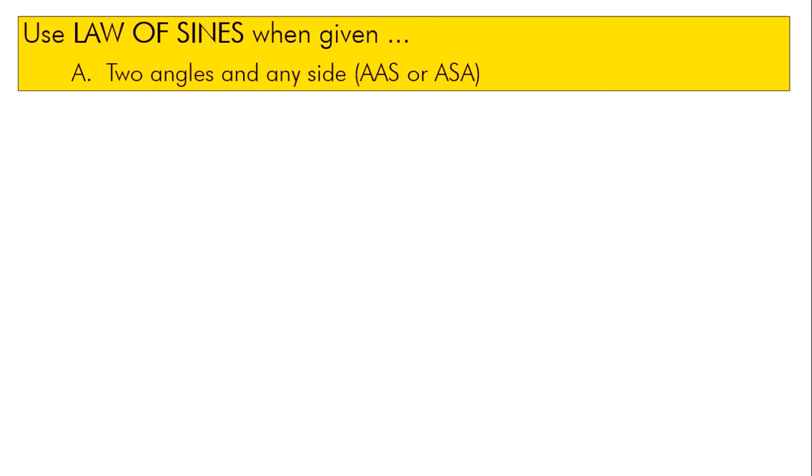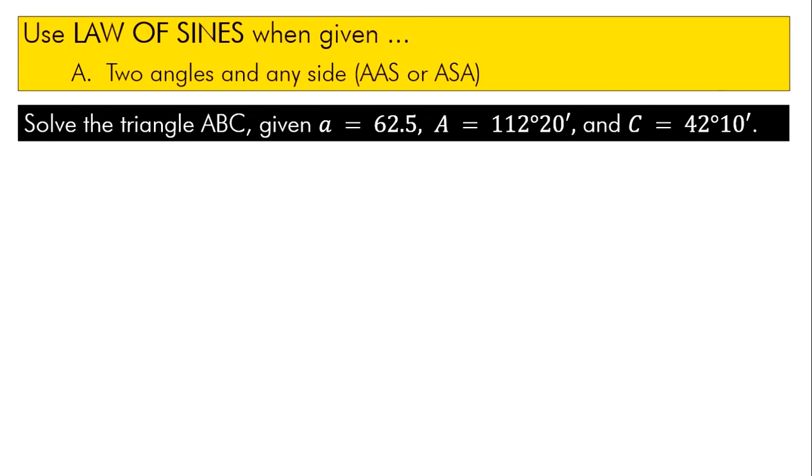So let's have an example. First off, we have the problem. Solve the triangle ABC given that side a is equal to 62.5, angle A is 112 degrees 20 minutes and angle C is 42 degrees 10 minutes.